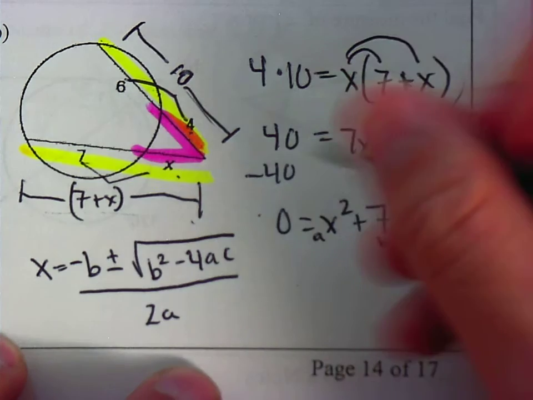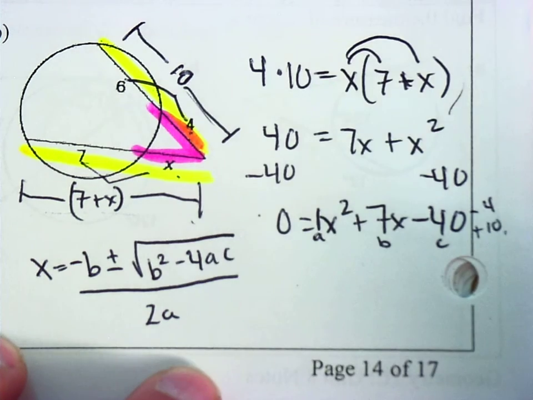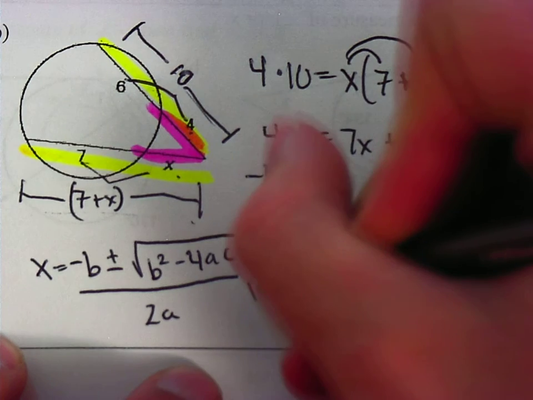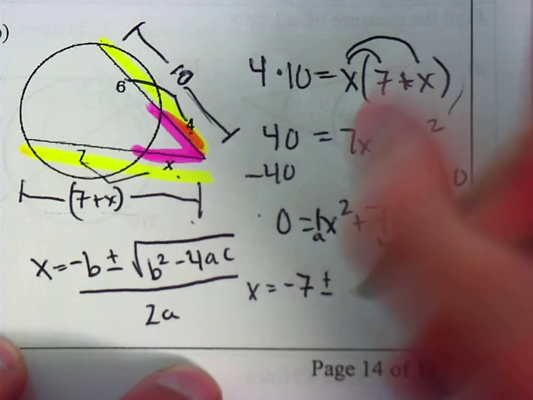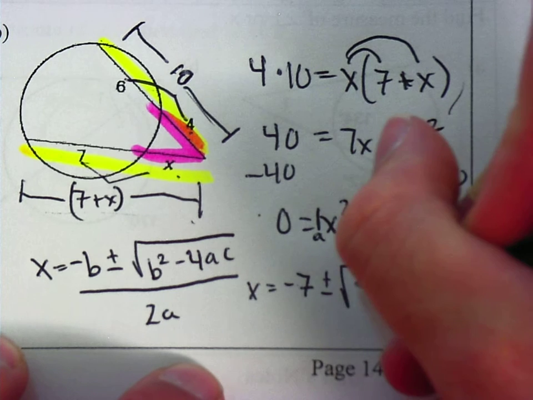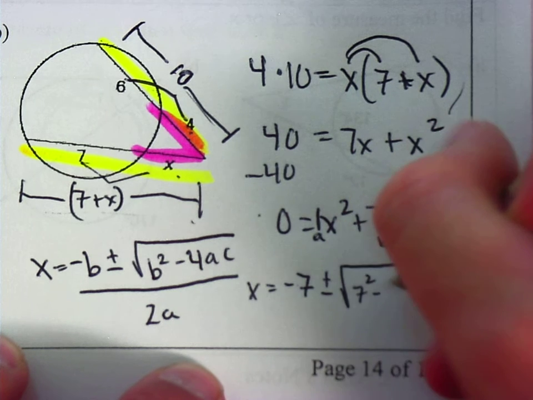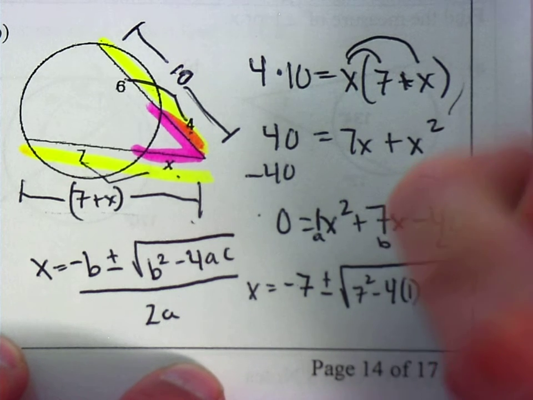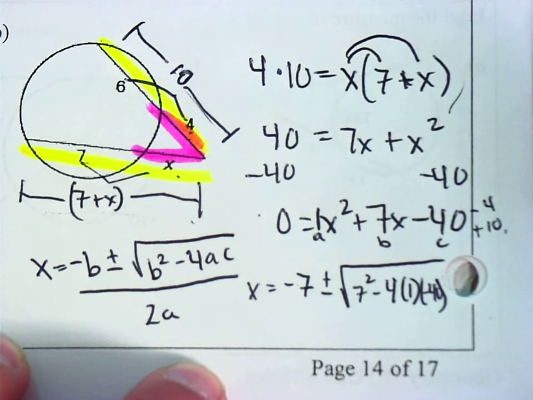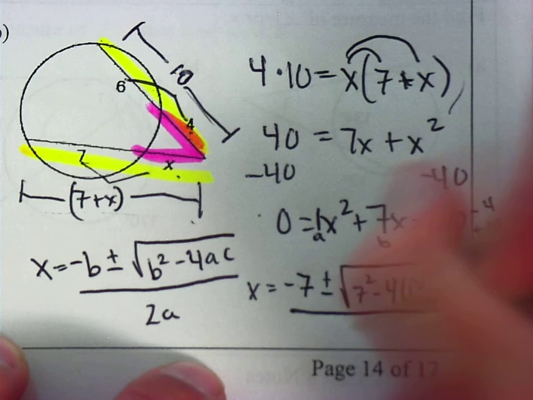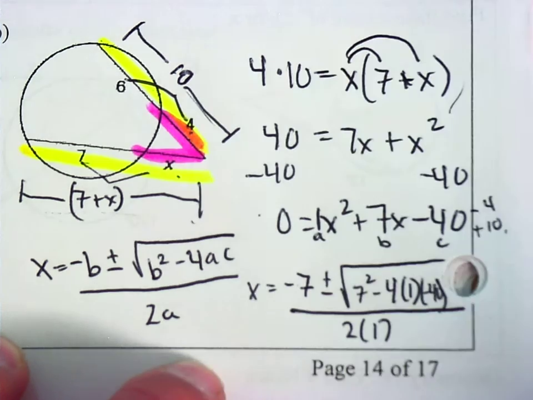All right, so we're going to go, and there's a 1 there. There's an invisible 1. So we're going to go x equals negative 7 plus or minus the square root of 7 squared minus 4 times 1 times negative 40, and then that's all over 2 times 1.